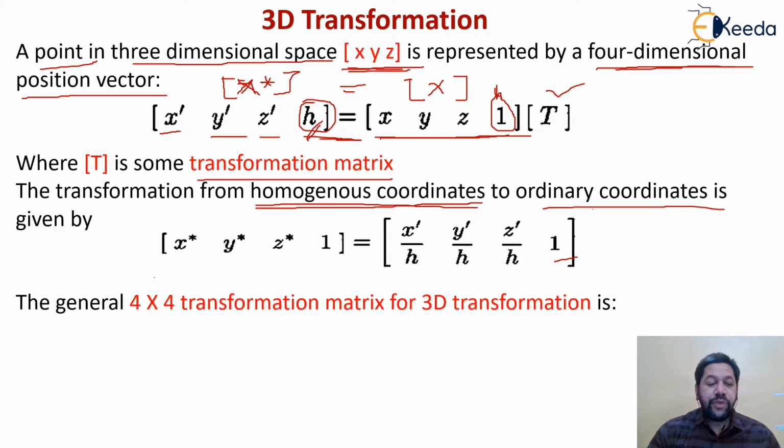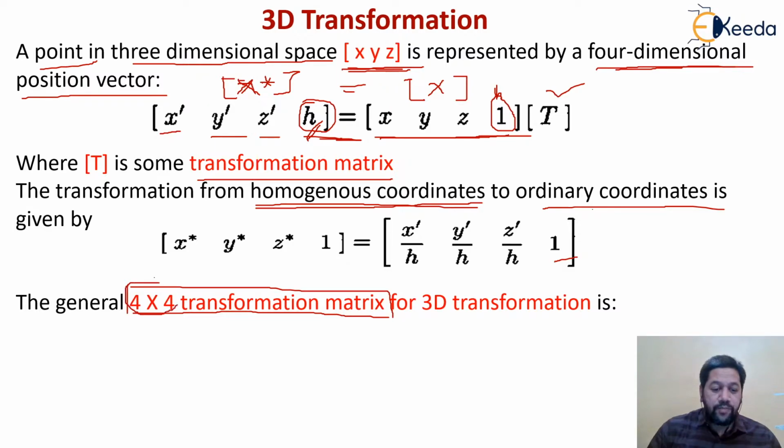Now in 3D transformation, by considering the homogeneous coordinate system, we are going to use a general 4 by 4 transformation matrix. So the size of my transformation matrix for 3D is 4 by 4. Let us understand how it is represented.